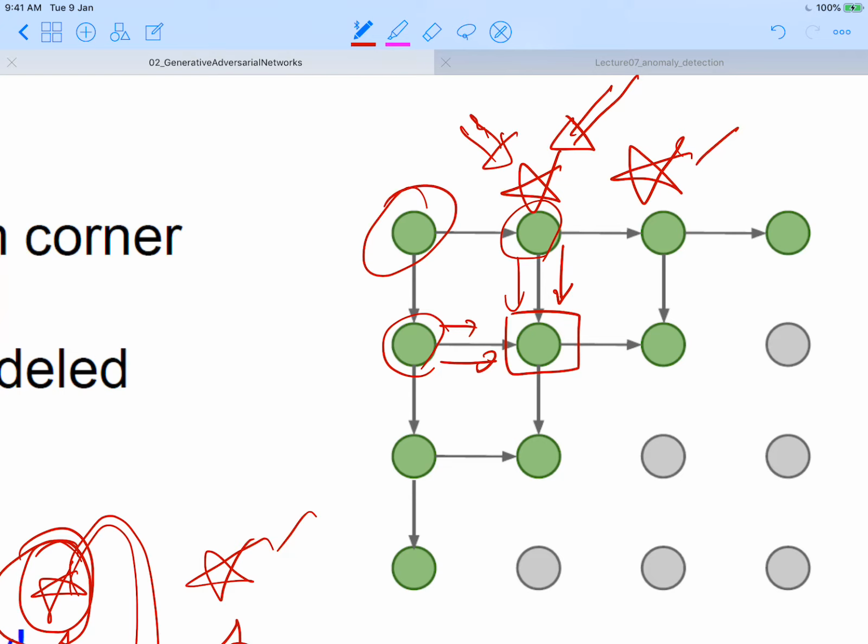So if each RNN cell generates, say, a 5-dimensional hidden state vector, the new cell will take the previous time steps' hidden state as a 10-dimensional vector as input at the current time step, and then it will generate a single 5-dimensional hidden state vector, which is propagated to the right and to the bottom.